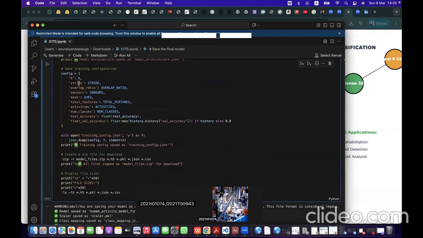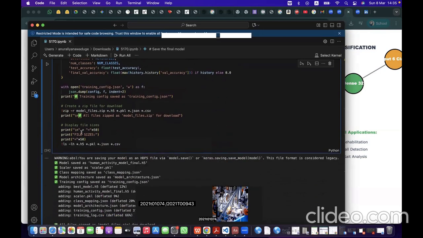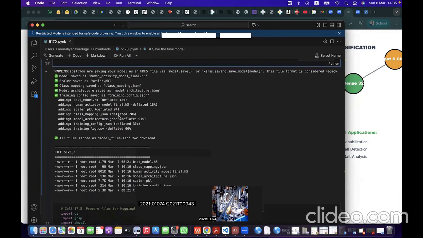So if we configure the stride, overlap ratio, sensors, axis, total features, activities, num classes, test accuracy, final validation accuracy. So you can see that the model is saved as human active model final.h5. So, best model.